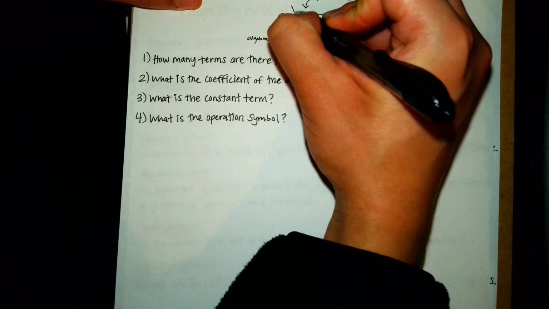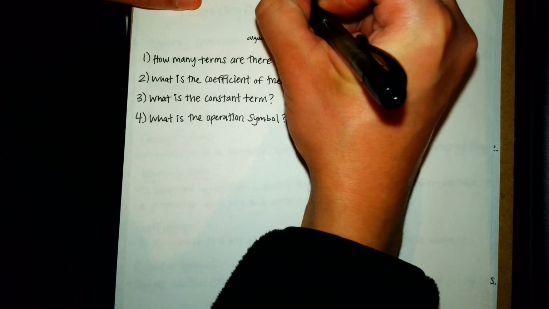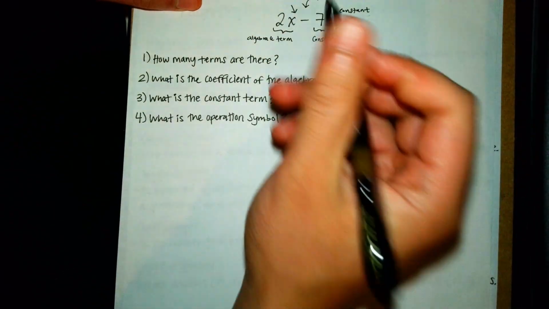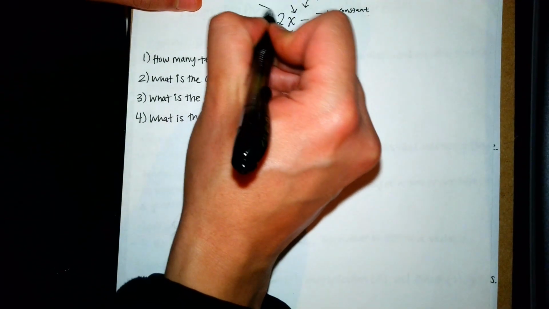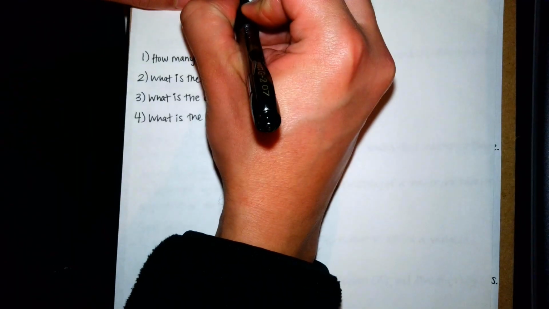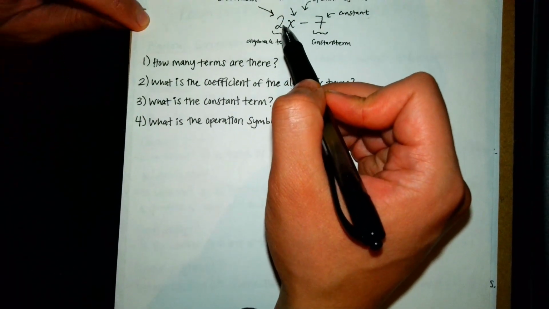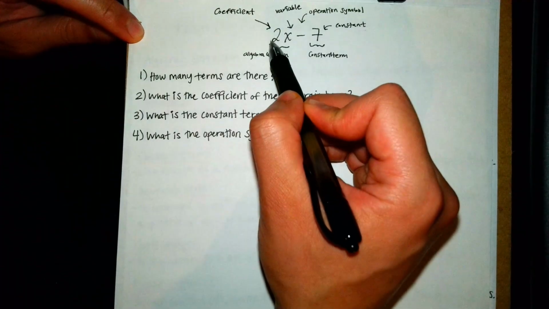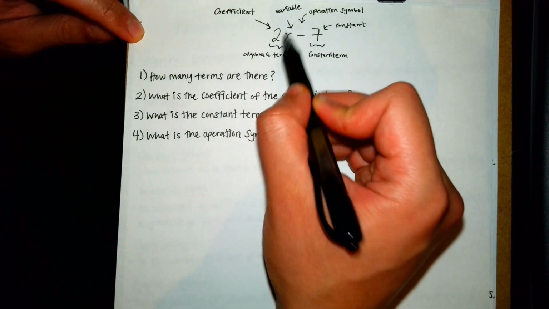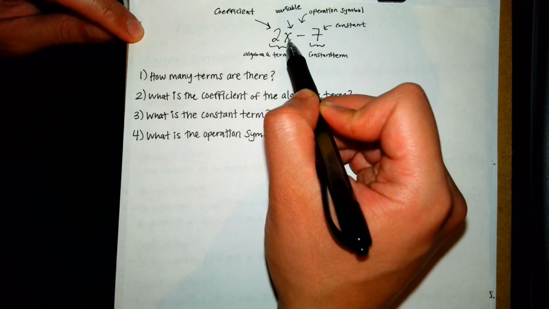X would be considered a variable, right? And 2 would be the coefficient. The reason why 2 is a coefficient is because it's in front of the variable x, and it's also being multiplied by the variable x.